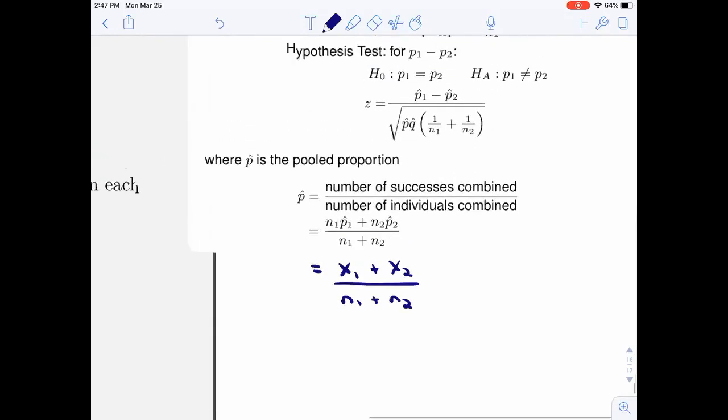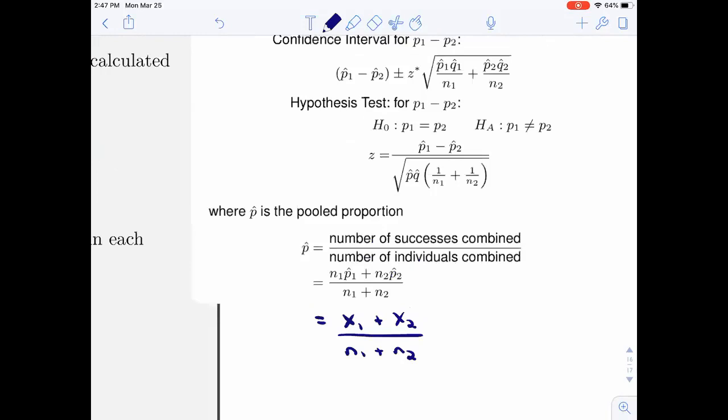But once you have your p hat, your pooled proportion, then you have your q hat, the pooled, I guess, anti-proportion. I don't know. Q hat is just 1 minus P hat. So once you've found it, it's just 1 minus that. And then times 1 over N1 plus 1 over N2.